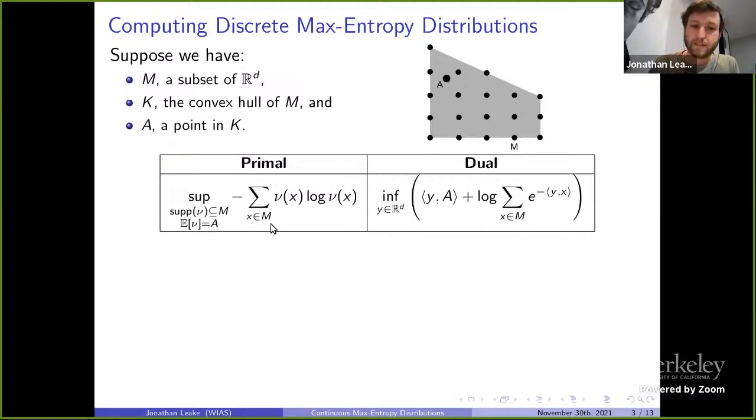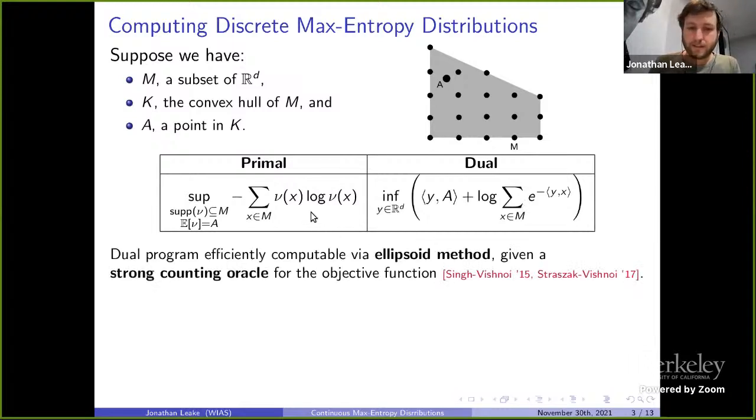This quantity is the entropy of some distribution mu, and I'm looking for the maximum over all distributions supported on M that have expectation A. So this is exactly right. The optimal mu here is exactly the maximum entropy distribution. It turns out that there is a convex dual form to this, which can be written like this, okay? And the key, actually, I'll say that in a second.